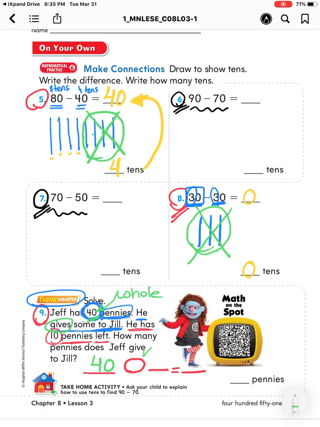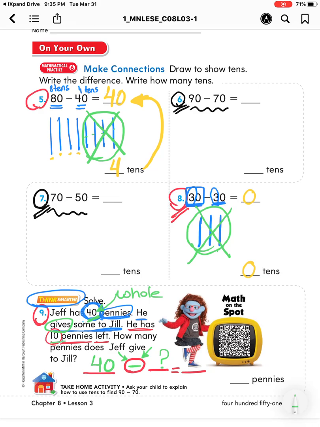So now, which sign is related to the subtraction? What should I draw here inside this small circle? I should make the minus sign. Now, we don't know how many he gives to Joe, right?